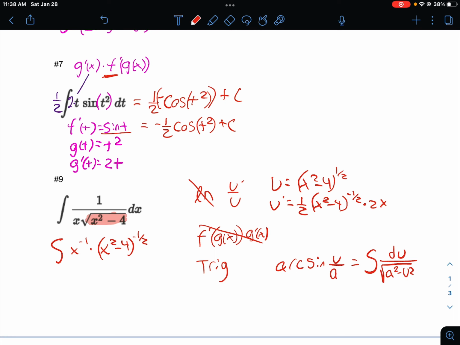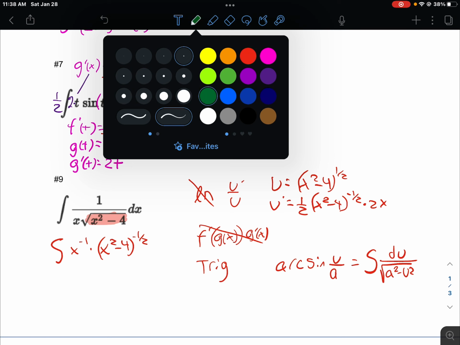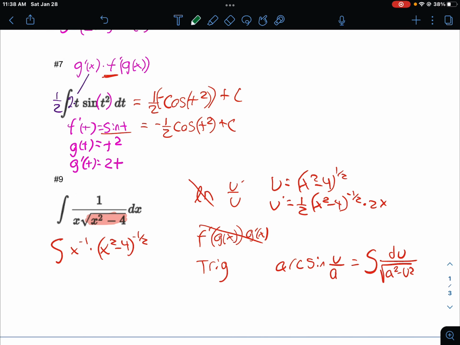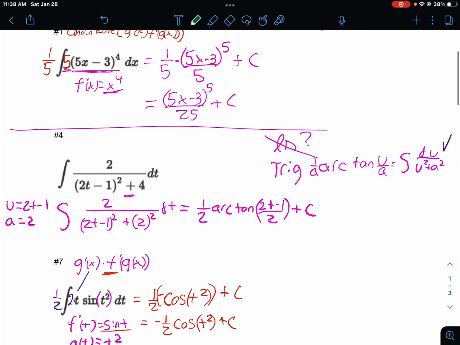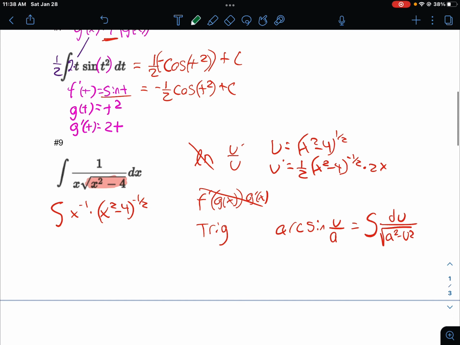Okay. And so it's not going to follow this form, but this is going to be one of our secant problems. So we have to think about what secant is. So we know it's not arctan. We looked at that earlier. I have to have a plus. So this is going to follow arc secant of u over a. All right, cool.